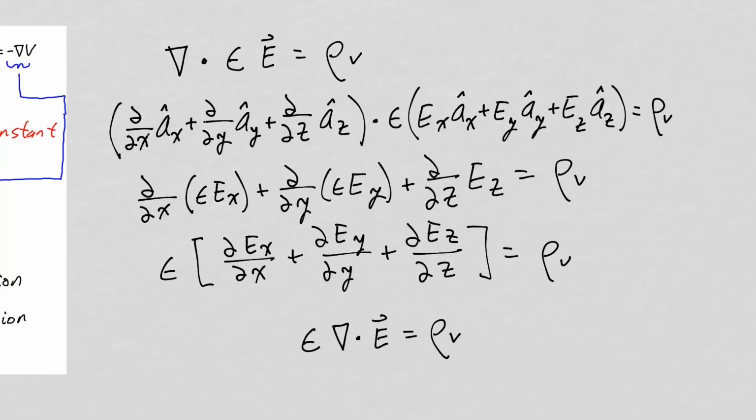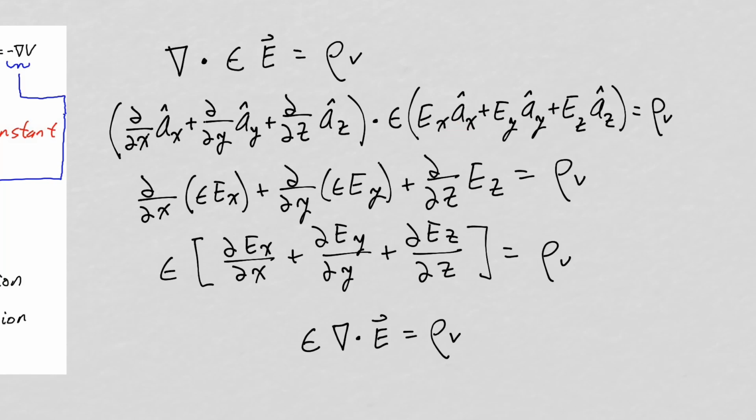So let's see how we can modify this equation if epsilon is not a function of position. First, our del operator in Cartesian coordinates looks like this, and it's going to be dotted with epsilon times the electric field intensity, and here we have the electric field intensity written in terms of its three components.